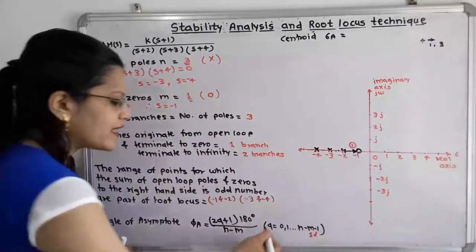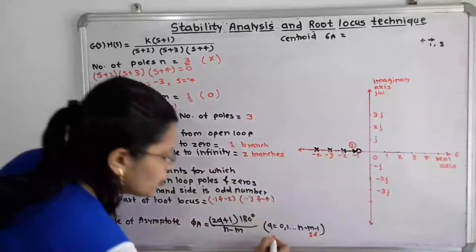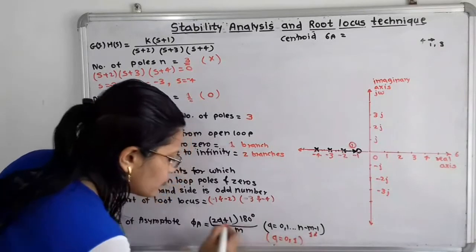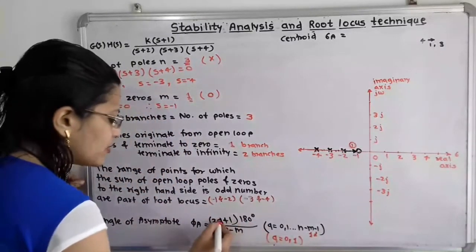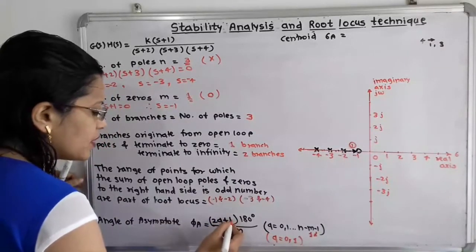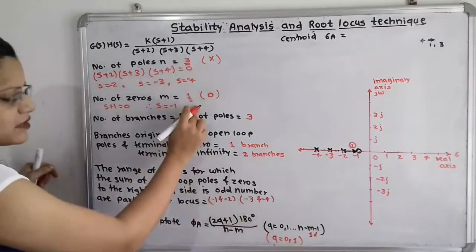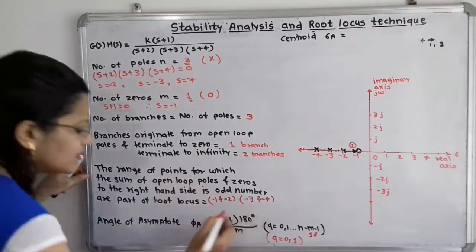So we have to take q is equal to 0 and then 1, and then we stop. So q is equal to 0, 1. These 2 values we have to take here to calculate the angle. When q is equal to 0, then 180 divided by 3 minus 1, because n minus m is 2. So 180 divided by 2, that is 90 degree.